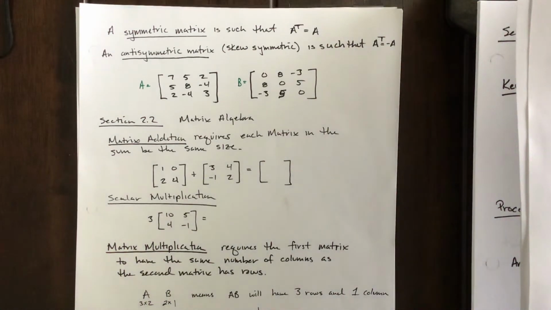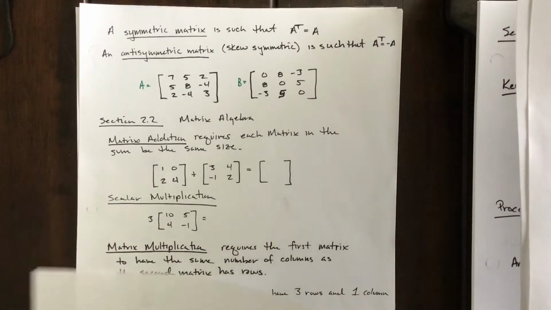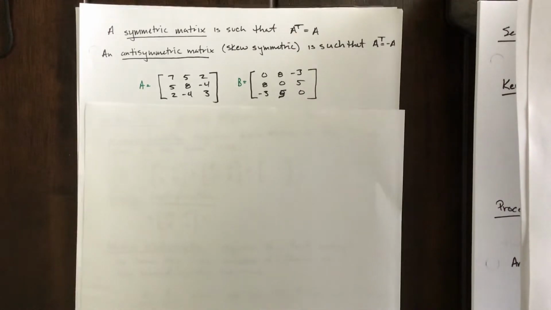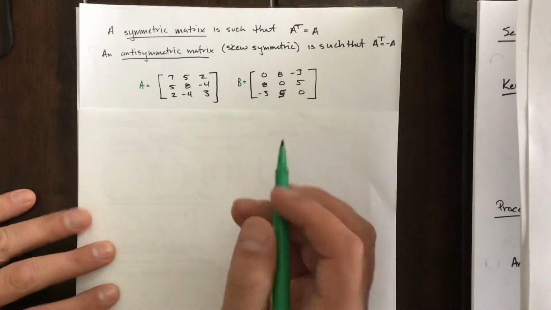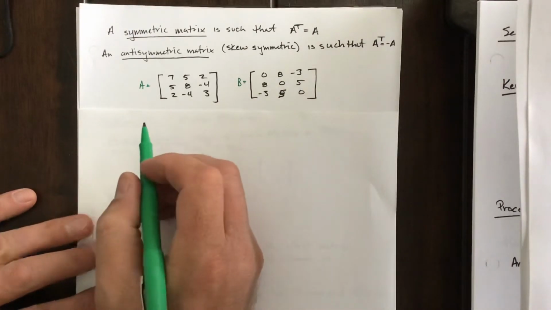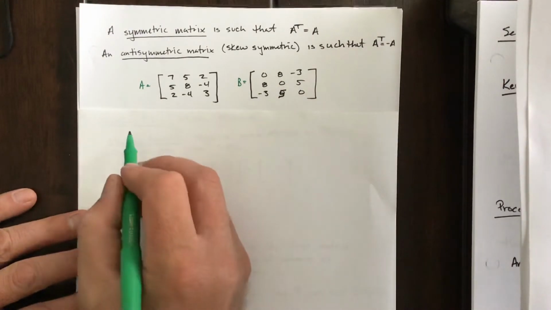Welcome back, everyone. Before we get to section 2.2, a quick note about the anti-symmetric or skew symmetric matrix. Neither one of these is an example, but I wanted to show you something that would be.